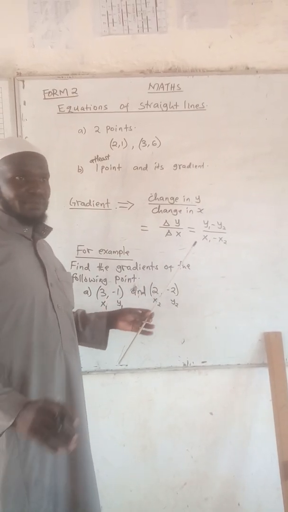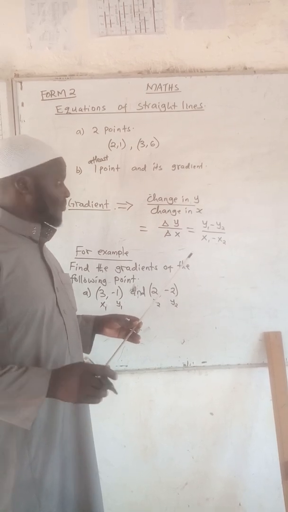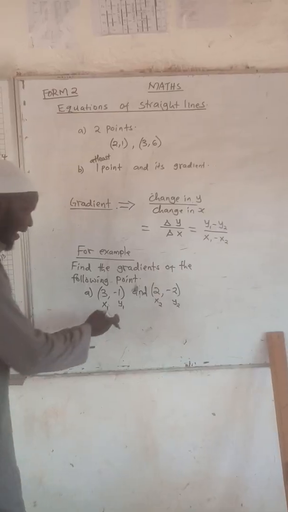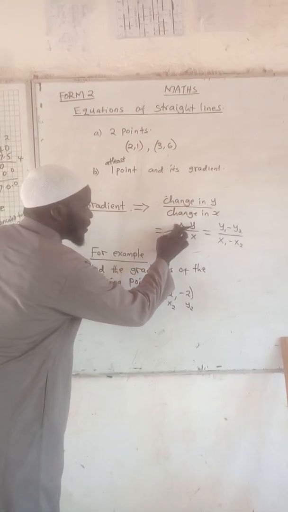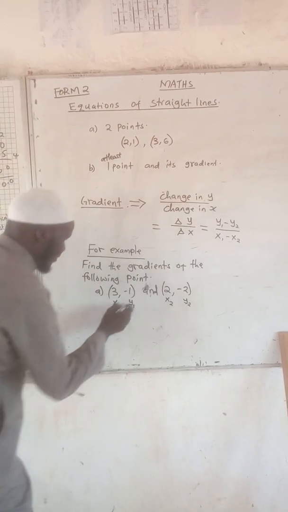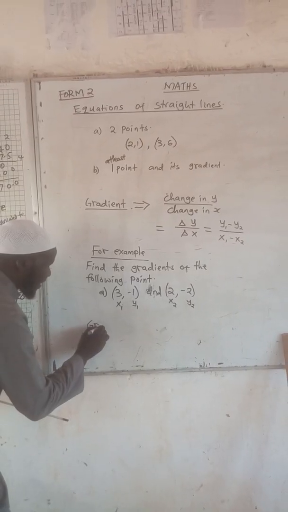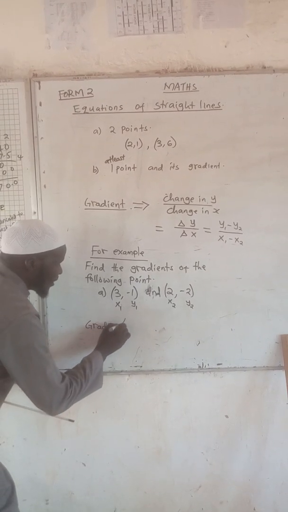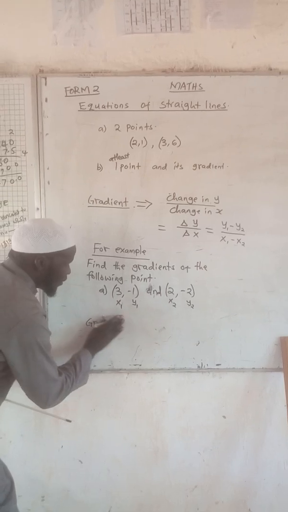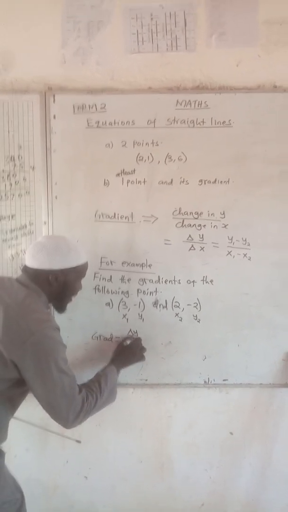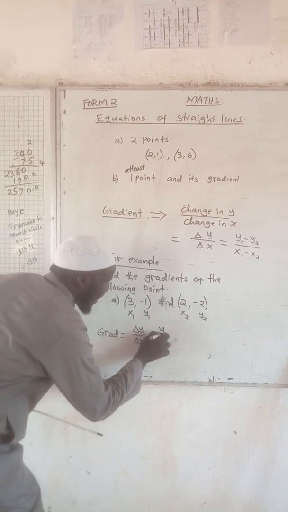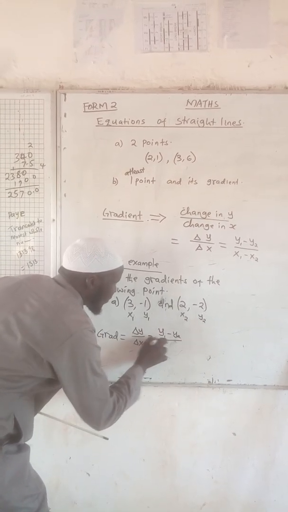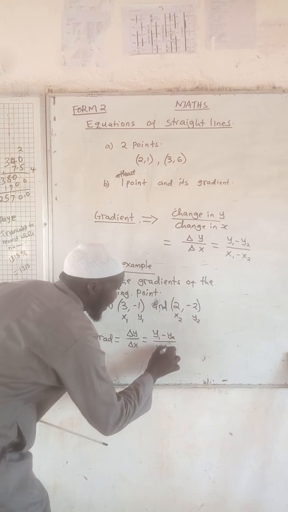The order must be the same. The gradient is change in y over change in x, so we can say y1 minus y2 over x1 minus x2.